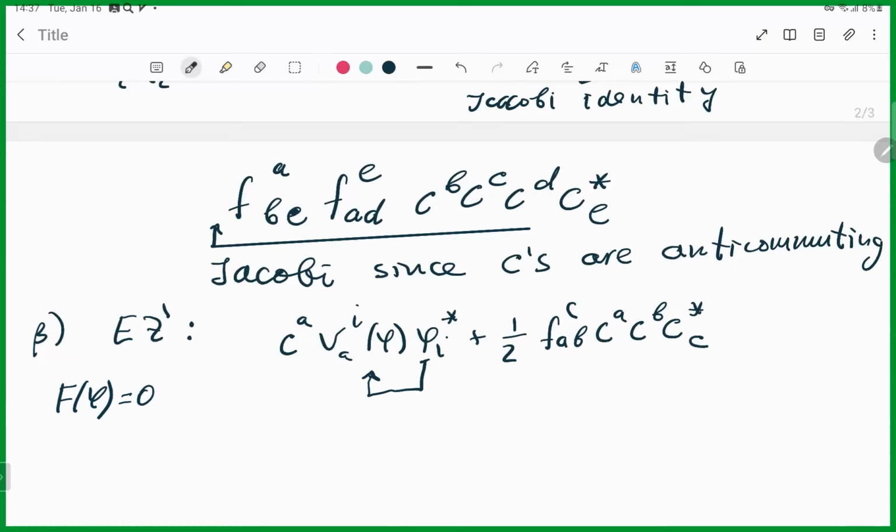So symbolically, I have C V of phi star plus 1/2 F C C star.